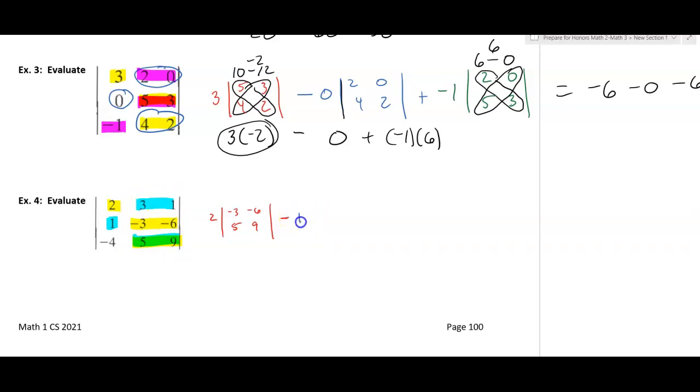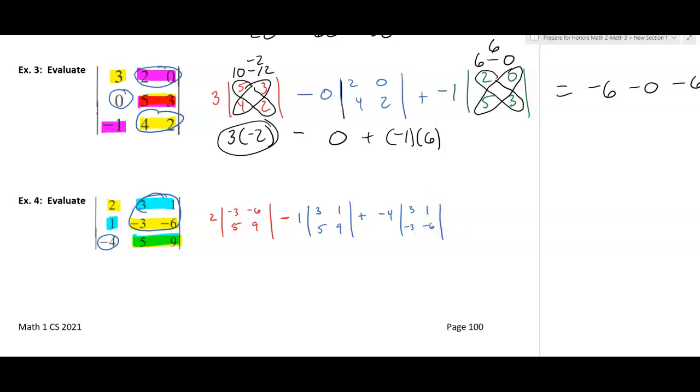So it's going to be -1 times the determinant of 3, 1, 5, 9. Then it's always switches to addition. Then it's going to be -4 times the determinant of this matrix here, which is 3, 1, -3, -6.